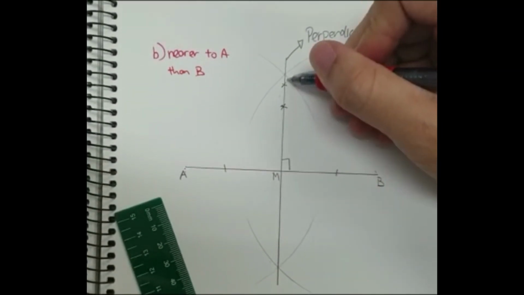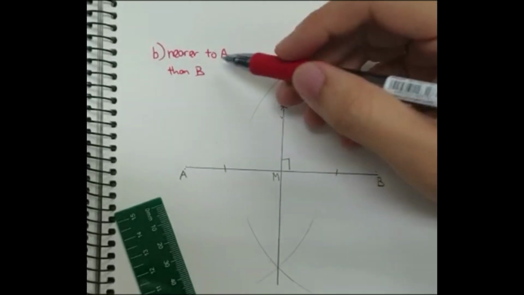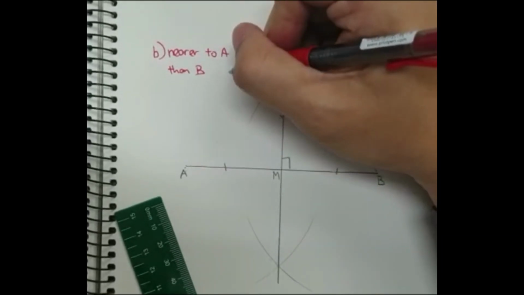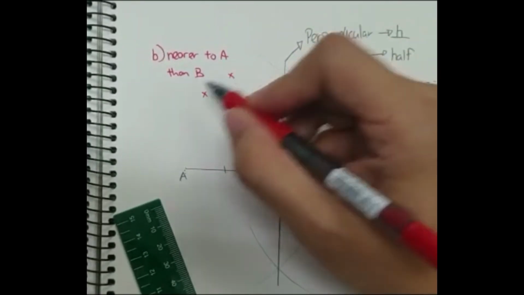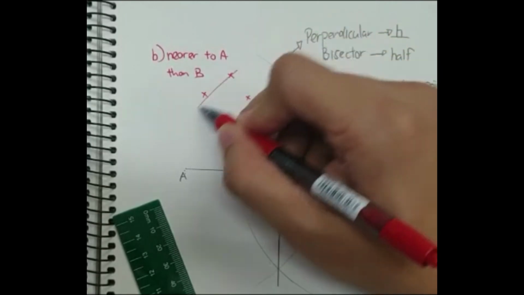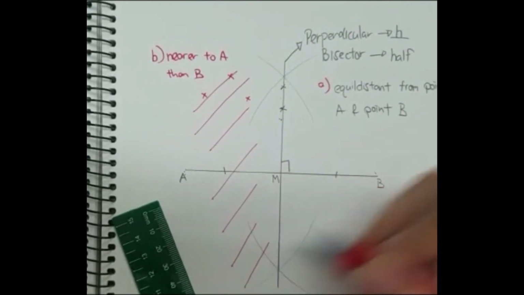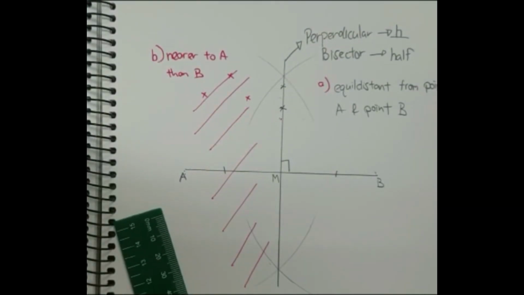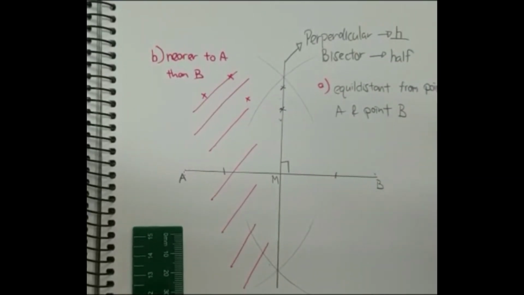If you are on the perpendicular bisector, you're the same distance to A and to B. But if you're nearer to A, you can be here, here, or here. So if you're nearer to A than B, you're on the left side of the perpendicular bisector. Vice versa, if you're nearer to B than A, then you're on the right side of the perpendicular bisector.